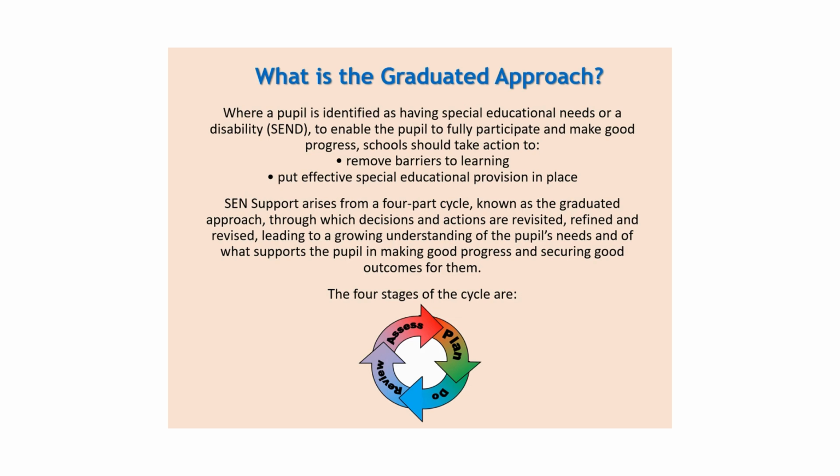SEN support arises from a four-part cycle, known as the graduated approach, through which decisions and actions are revisited, refined, and revised, leading to a growing understanding of the pupil's needs and of what supports the pupil in making good progress and securing good outcomes for them. The four stages of the cycle are assess, plan, do, review.